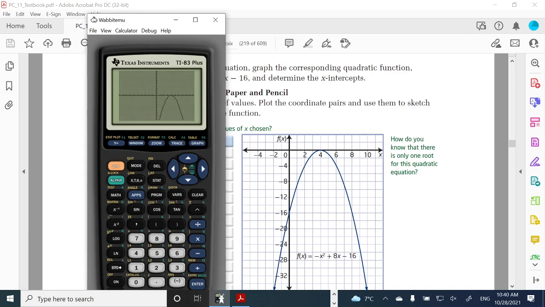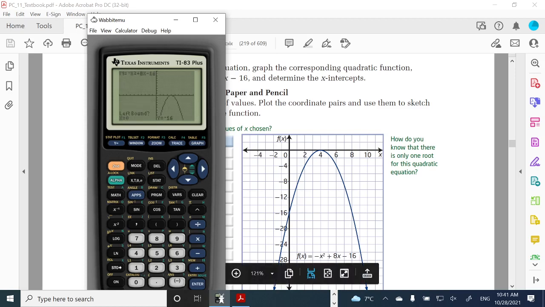It certainly does. And then, when you want to know what the x-intercept is, you can go to second function, calculate. See how calc is this little yellow up there? And what do we want to calculate? What do we call x-intercepts again? It's number 2. Click on number 2.